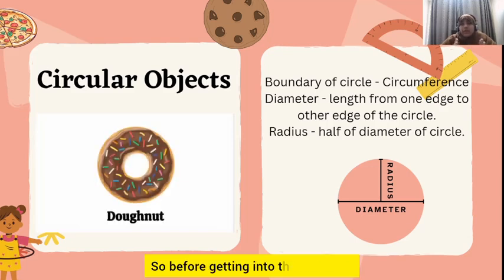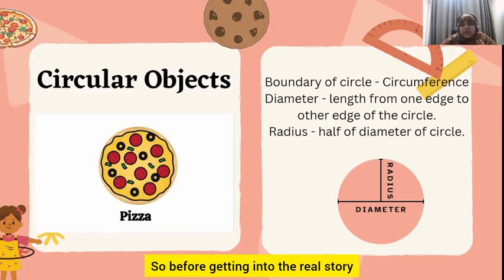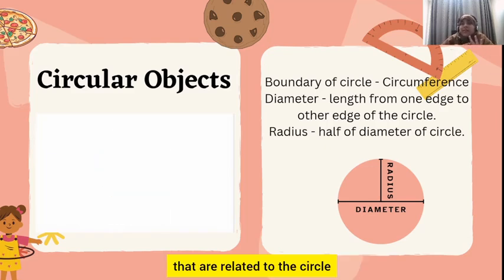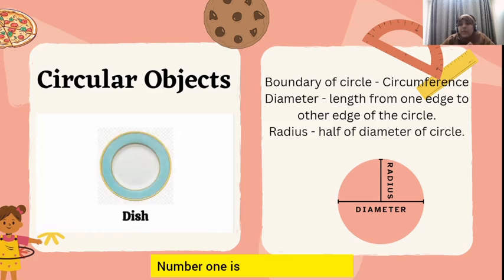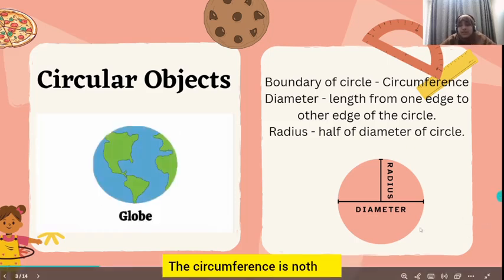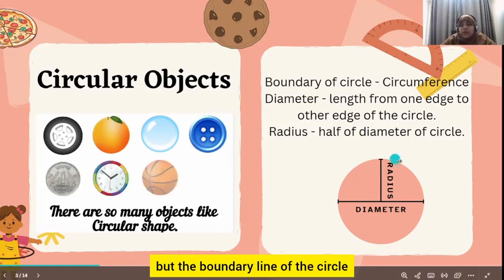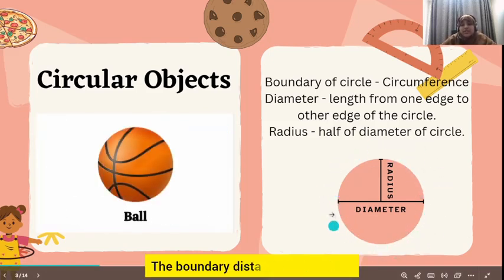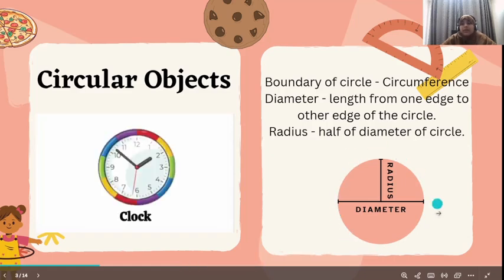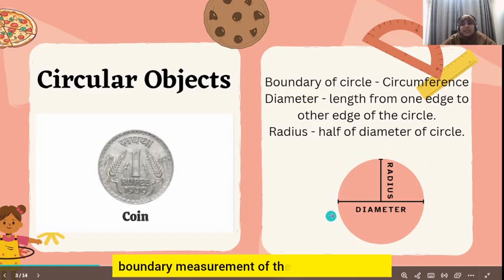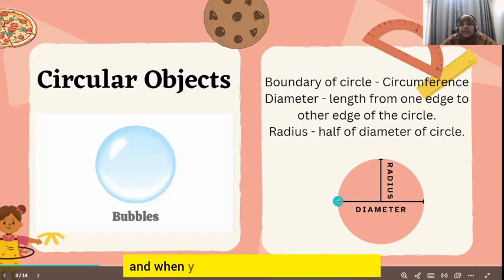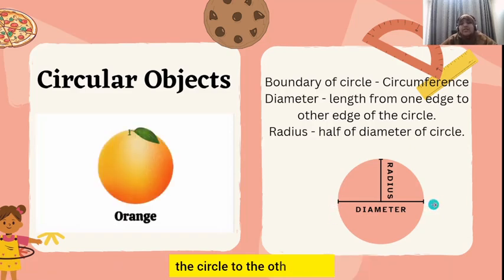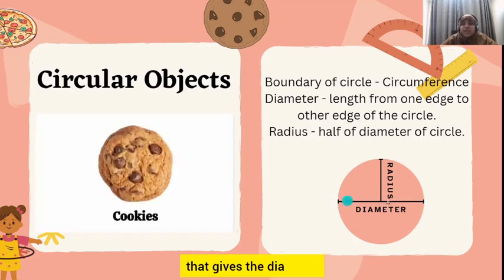Before getting into the real story, you should understand three terms that are related to the circle. Number one is the circumference. The circumference is nothing but the boundary line of the circle, the boundary measurement of the circle. When you draw a line from one edge of the circle to the other edge through the center, that gives the diameter.